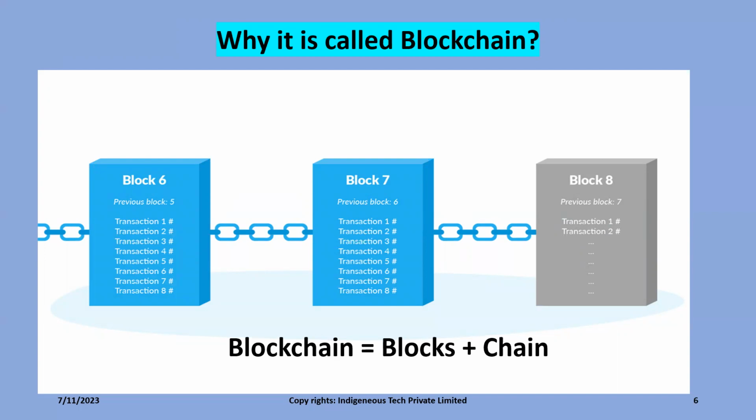You can see in the picture the block with transaction 1, 2, and so on. These are time bound. For example, at a given time frame, let's say around 100 transactions are there in the blockchain network. Then these transactions will be drawn into a block, and the block will be made out of the transactions. Normally, the size used to be 1 megabyte. How many transactions will come into that?